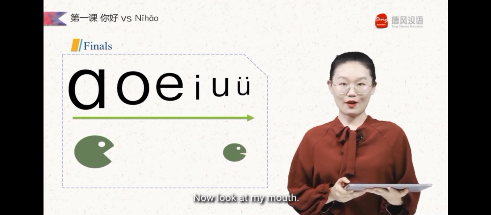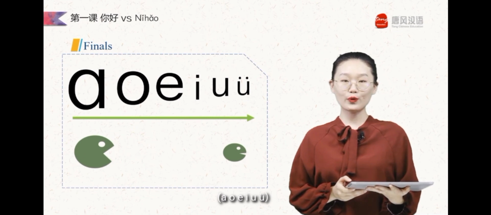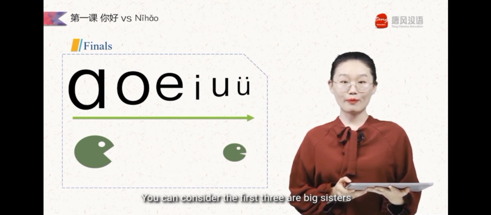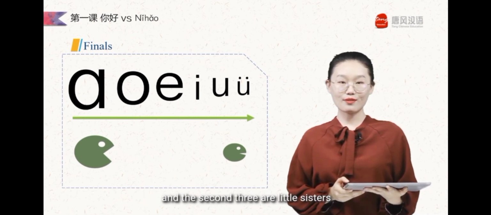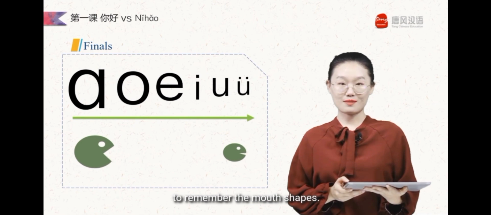Now look at my mouth. A, O, E, I, U, Yu. You can consider the first 3 are big sisters, and the second 3 are little sisters to remember the mouth shapes.